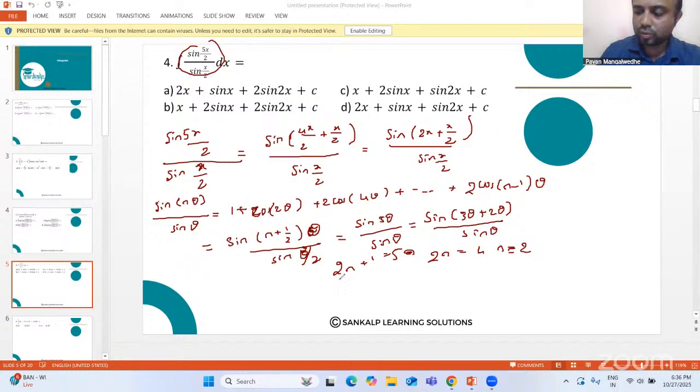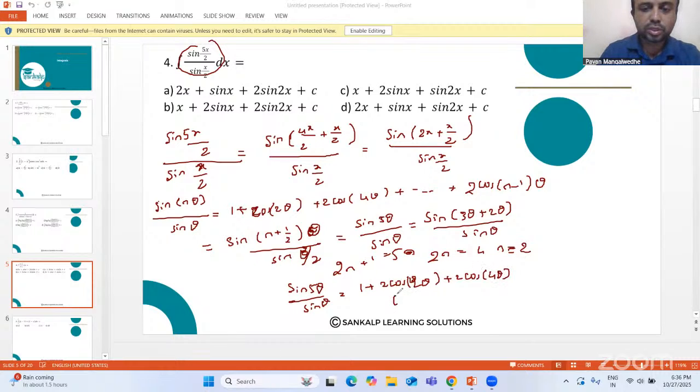So sine of 5 theta upon sine theta can be expressed in the standard form: 1 plus 2 cos 2 theta plus 2 cos 4 theta.